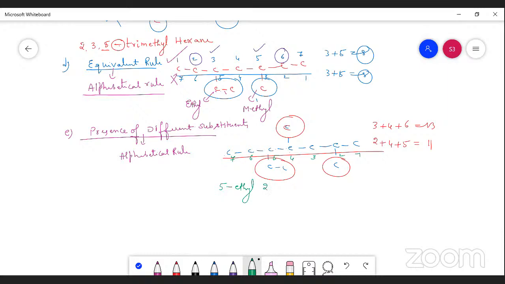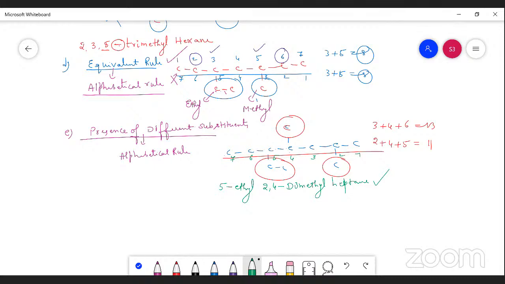What are those? Methyl, at the second position and fourth position. So 2,4-dimethyl. What is the root word? 7, so heptane.